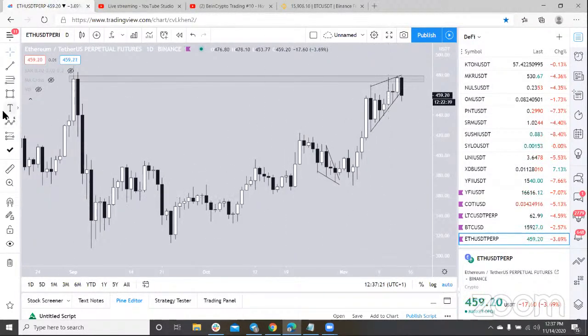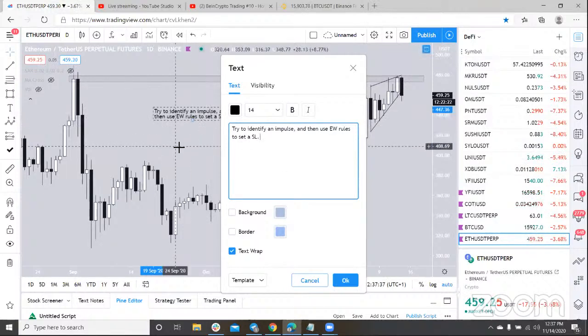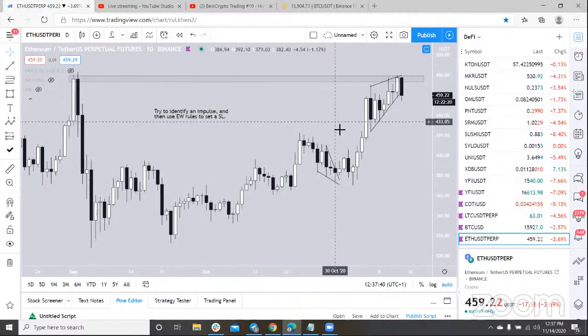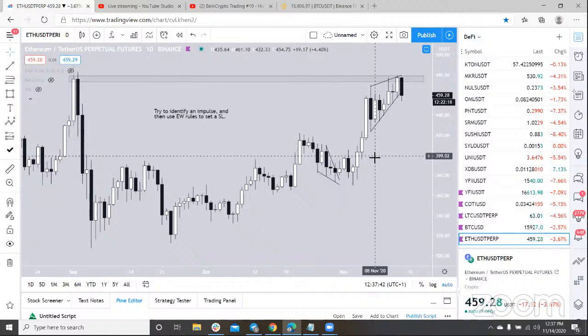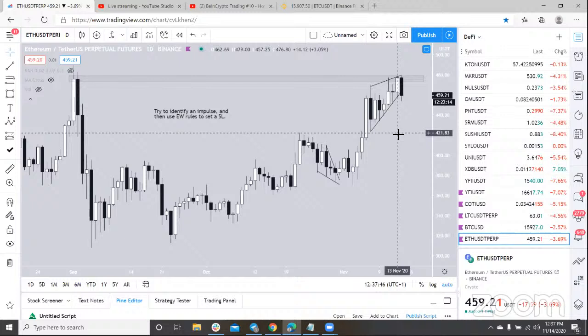Now, the main thing about stop losses is to try to identify an impulse and then use your rules to set the stop loss. So basically, when you see an impulse developing, you put the stop loss. One of the rules is that wave 2 cannot go below wave 1.